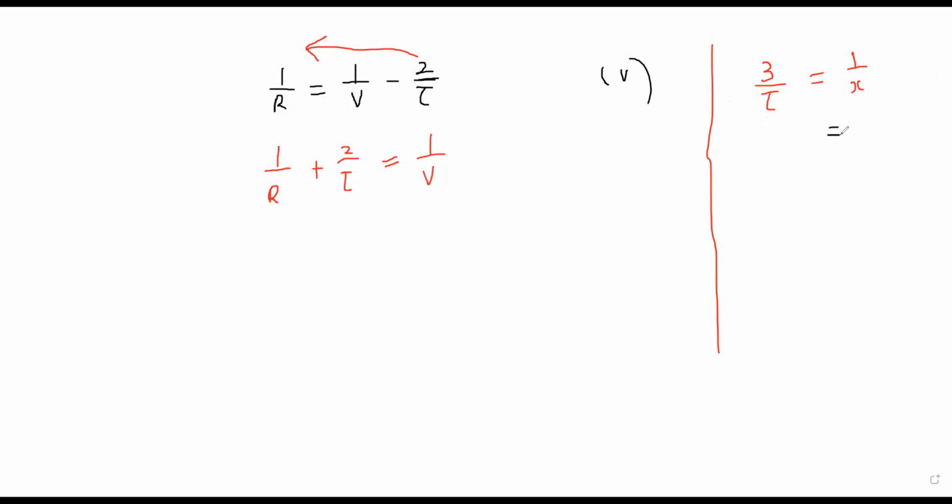So if I flip 1 upon x, what am I gonna get? X upon 1. Flip this side and get t upon 3.